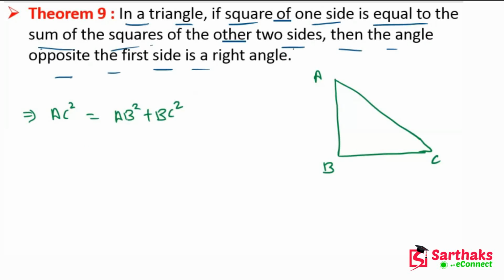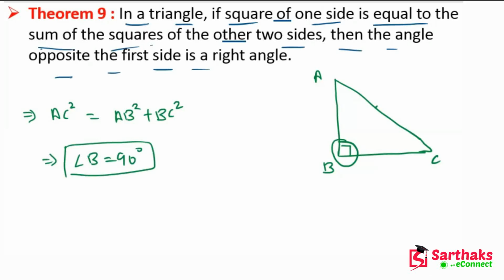Then the angle opposite the first side, this is our first side, opposite this first side, this is the angle. So what is this angle? This angle is a right angle. Angle B is equal to 90 degrees. So this is the theorem.